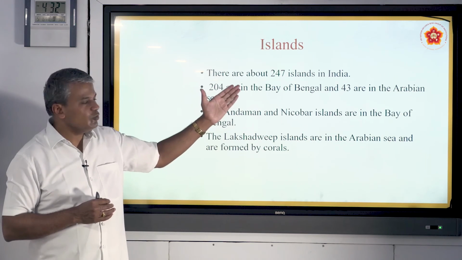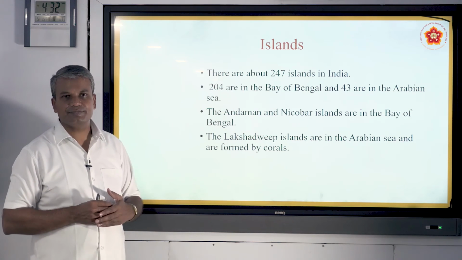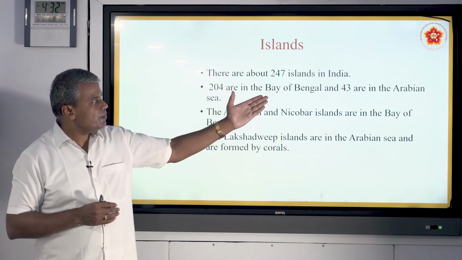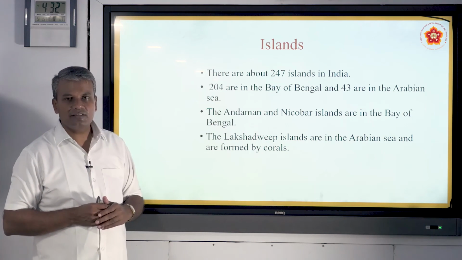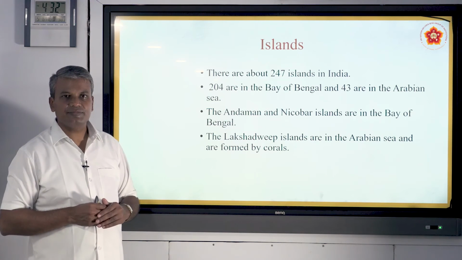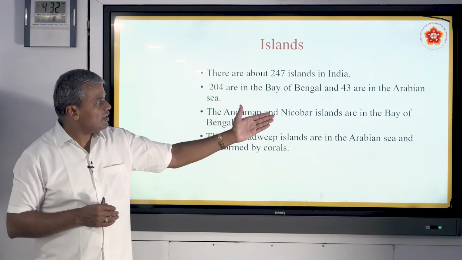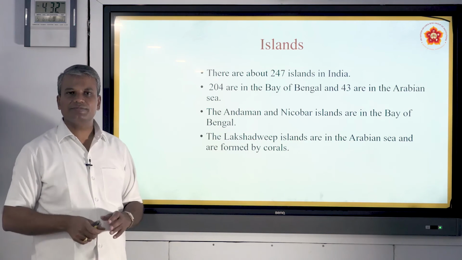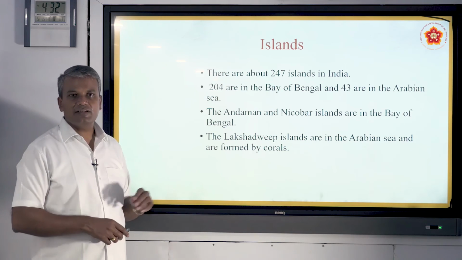So, there are 247 islands, 204 in the Bay of Bengal and 43 in the Arabian Sea.